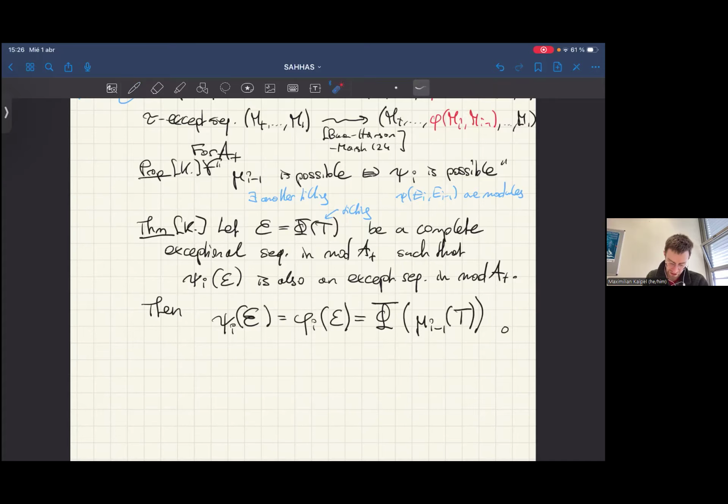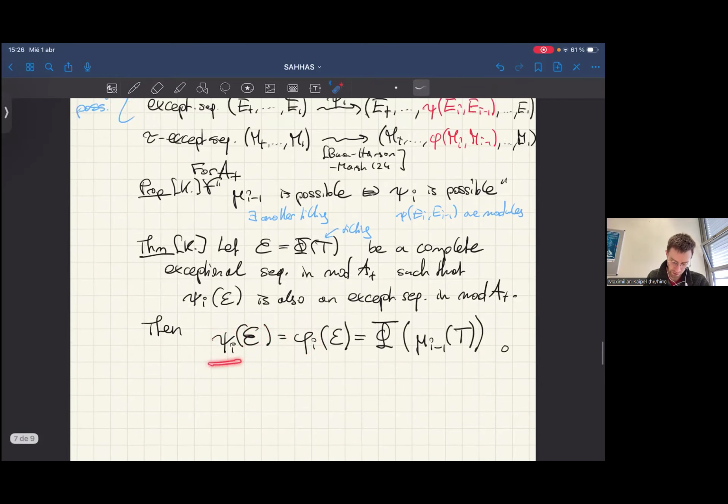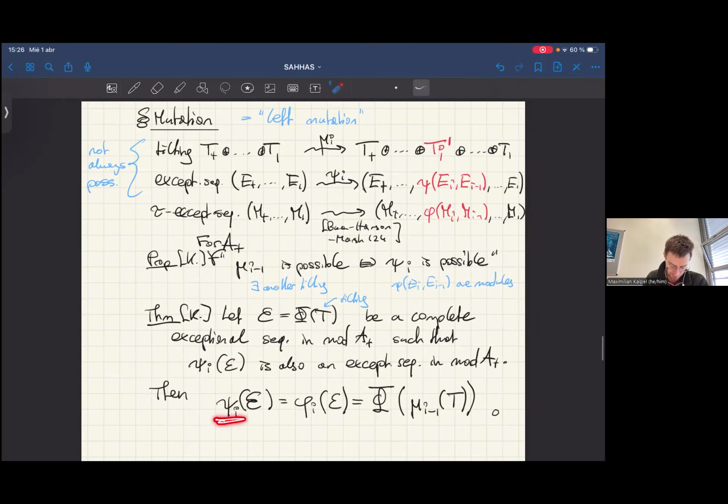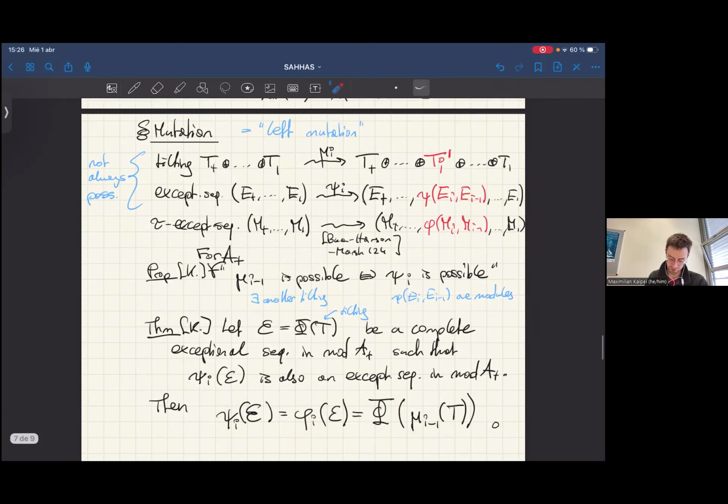So in other words, it doesn't matter which of the mutation operations I apply, whether I consider the mutation of exceptional sequences or the mutation of tau exceptional sequences, they will be the same and they will correspond exactly to the bijection of phi of this mutated tilting module that corresponds to it.